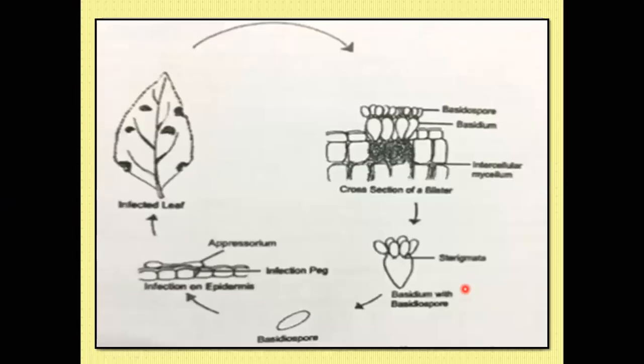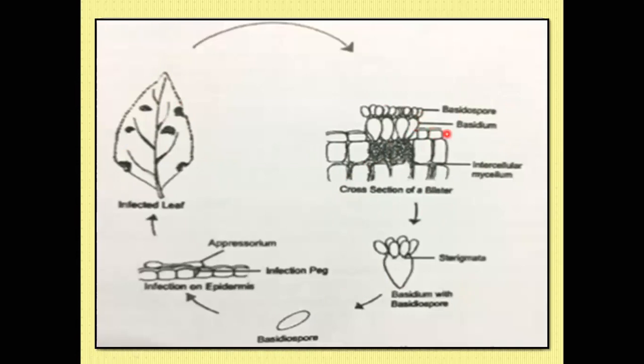So you see, after infection, suppose this is the infected leaf fallen as debris in the soil. These pathogens develop a single basidium, and this single basidium germinates to produce four-celled basidiospores.